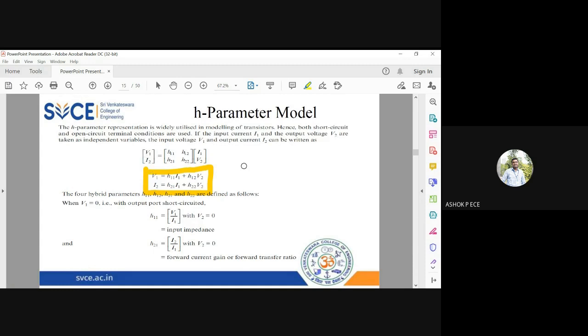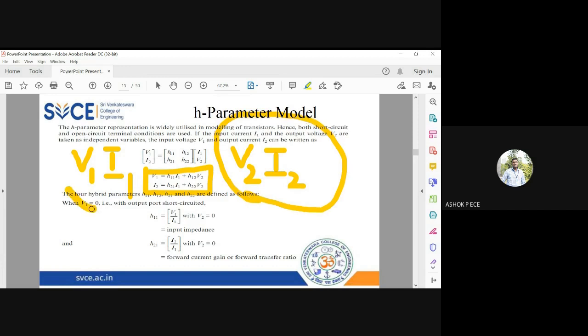I have control over what voltage I am applying to the input, V1, and what current is entering my network, I1. This is the input side. At the output side, I will measure V2 and the output current I2. So these four parameters are in my hand: V1, I1, V2, I2. These four parameters I know. And these four parameters I don't know: H11, H12, H21, and H22.